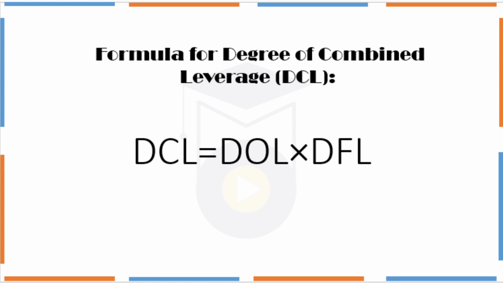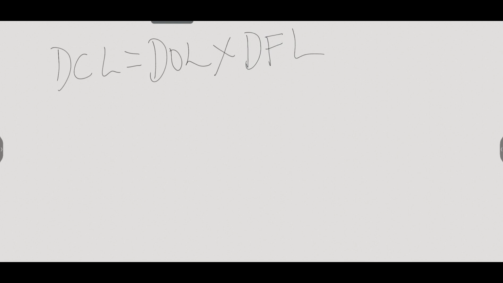We are just going to multiply the degree of operating leverage by the degree of financial leverage. So DCL equals degree of operating leverage multiplied by degree of financial leverage, right?